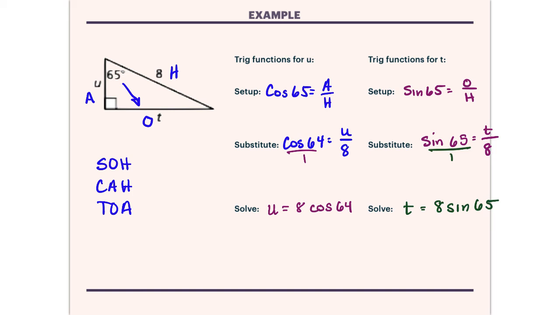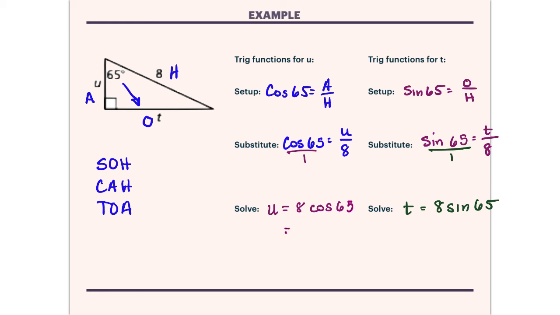And I'm not quite sure why I put a 65 or a 64 on the left-hand side here. So let's go ahead and change those out to what they should be. 65, 65. There we go. So let's find cosine 65 and take it times 8. So cosine 65, that's about 0.42 times 8.